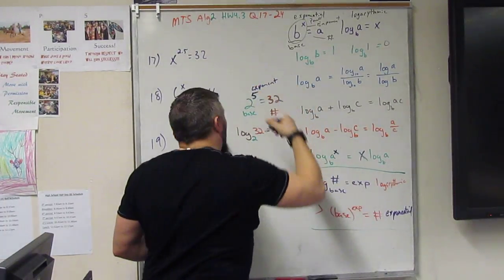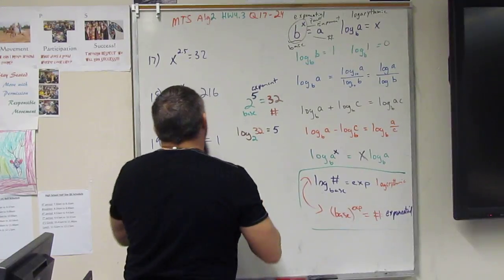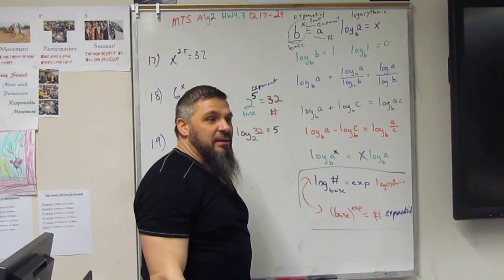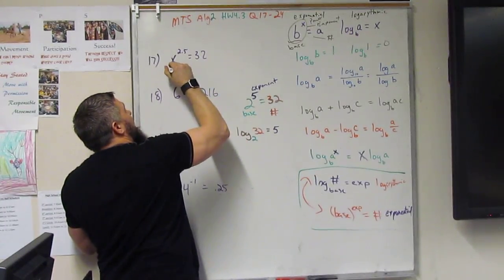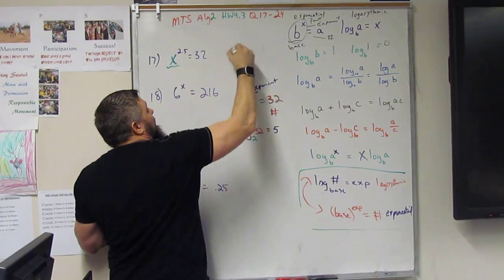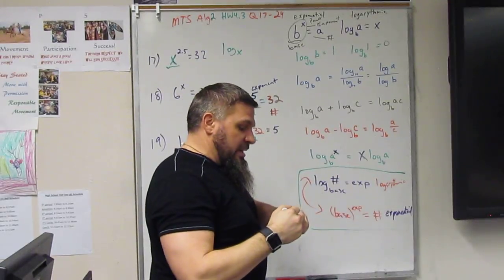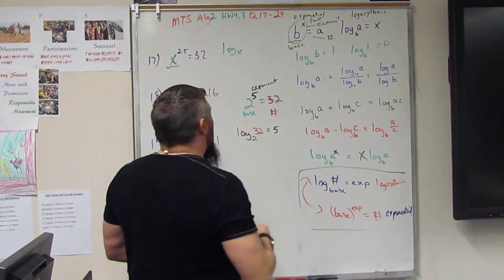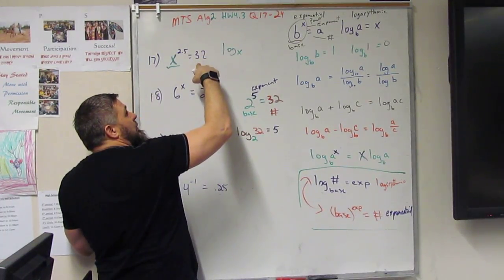So if you could tell me what the base is here. X. Yes, X is the base, so we're going to say log base x. Can anyone tell me what the number is? 32.